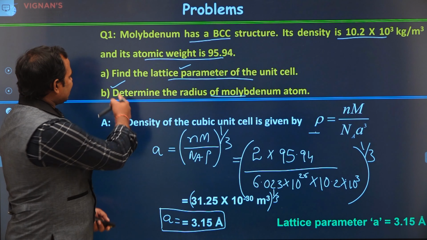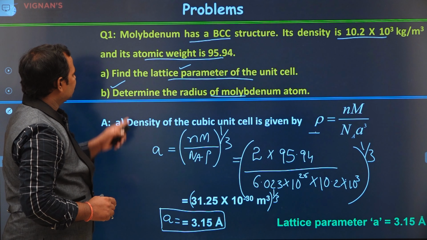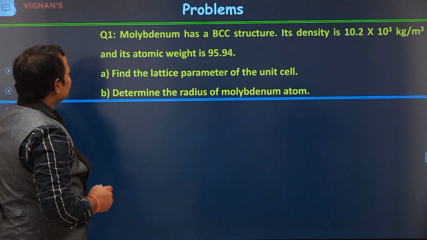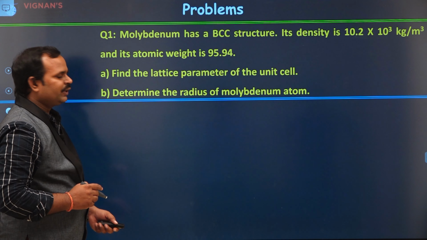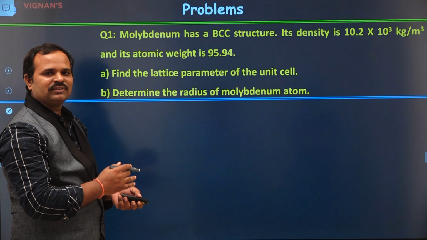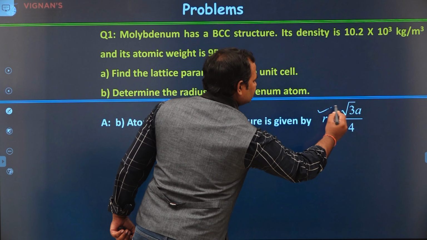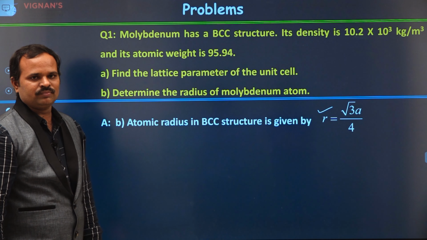Now the second part, let us find the radius of the molybdenum atom. Since this is a BCC unit cell, we know the relationship between the radius of the atom and the lattice parameter: R is equal to root 3 a by 4.